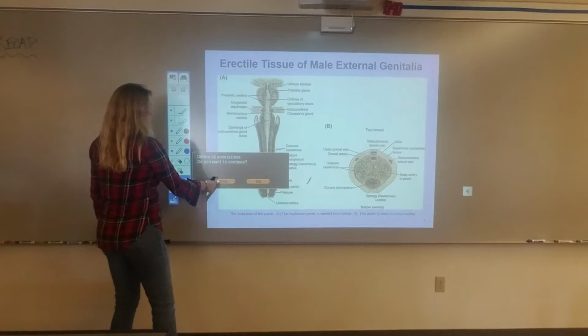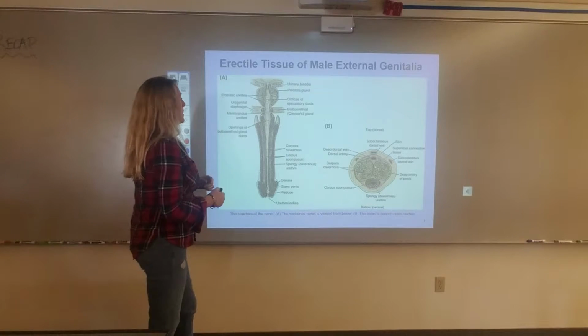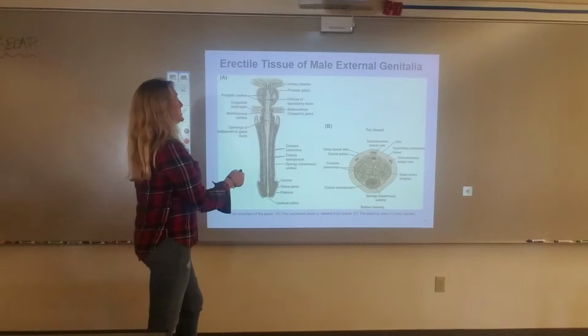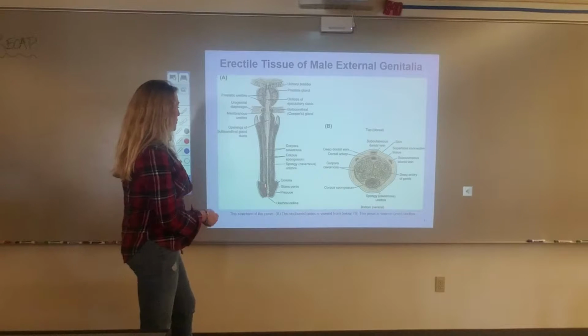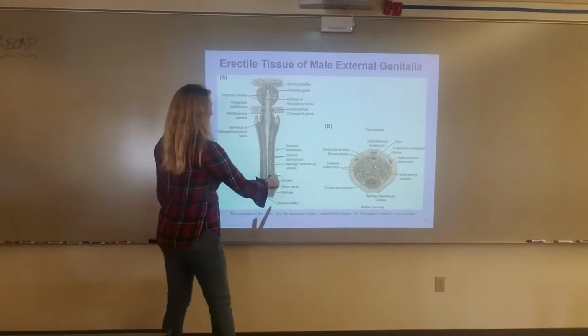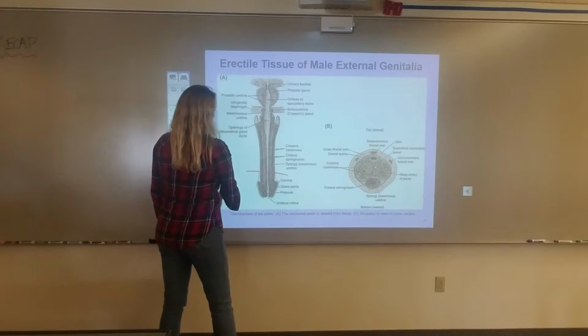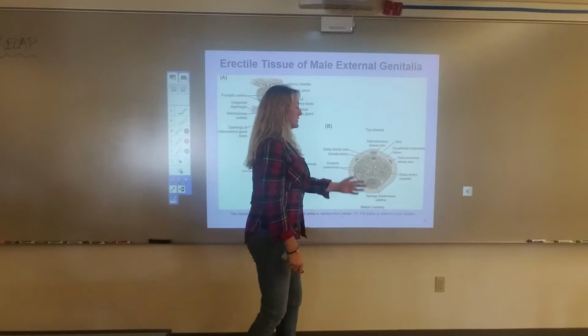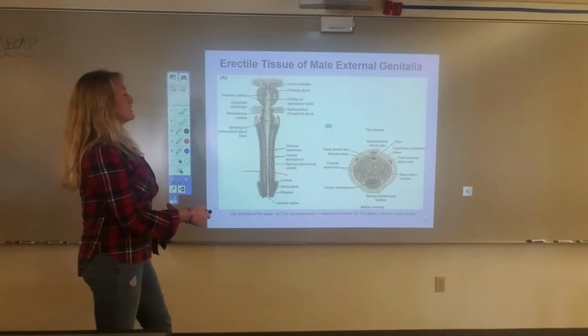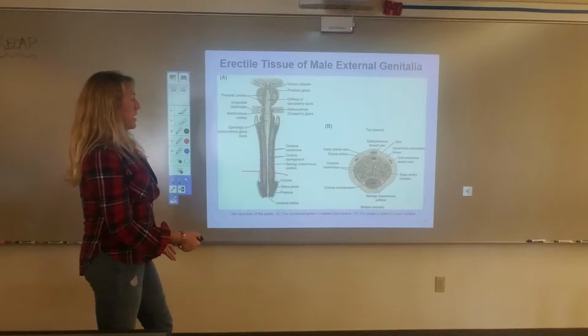And to look at this in a slightly different view, we're looking at the spongy tissue that makes up the shaft of the penis, the prostate, and then the urethra, urethral orifice. If we do a cross-section, right through here, it'll look like a circle. So this is a cross-section right through the shaft of the penis. Here's the top, the back, and here's the underside, or the bottom, the ventral.